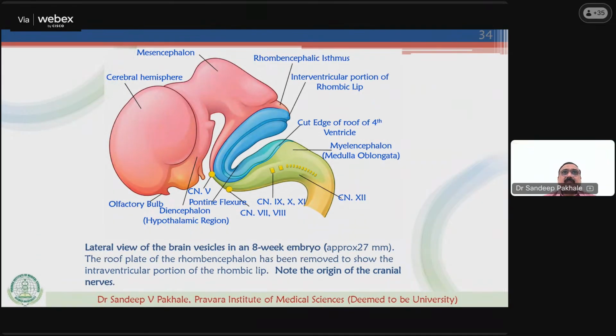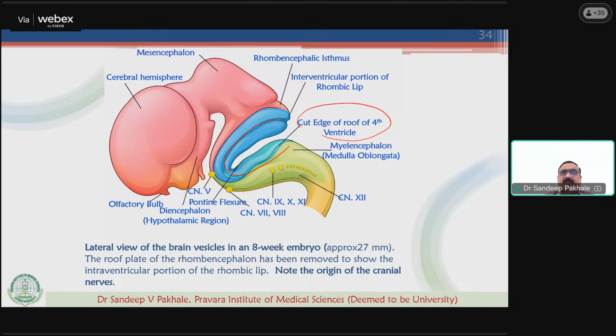This diagram shows a lateral view of the brain vesicle in an 8-week embryo where the basic organization of the brainstem is now well established. The roof plate of the rhombencephalon has been removed. So you can see here the cut edge of the roof of the rhombencephalon. And this allows us to visualize the intraventricular portion of the rhombic lip, which contributes to cerebellar development.